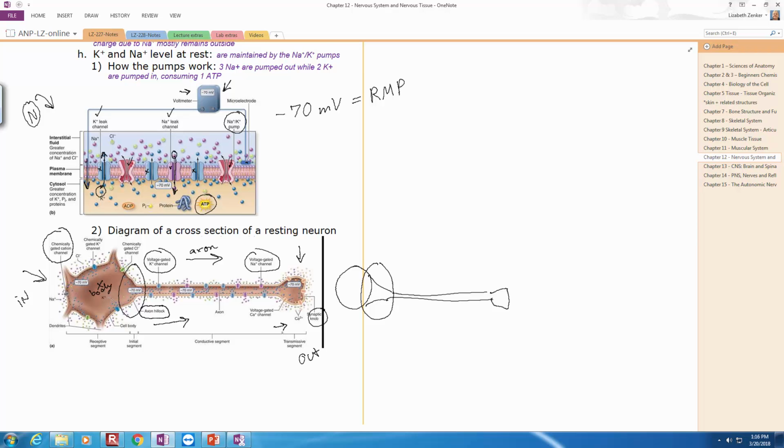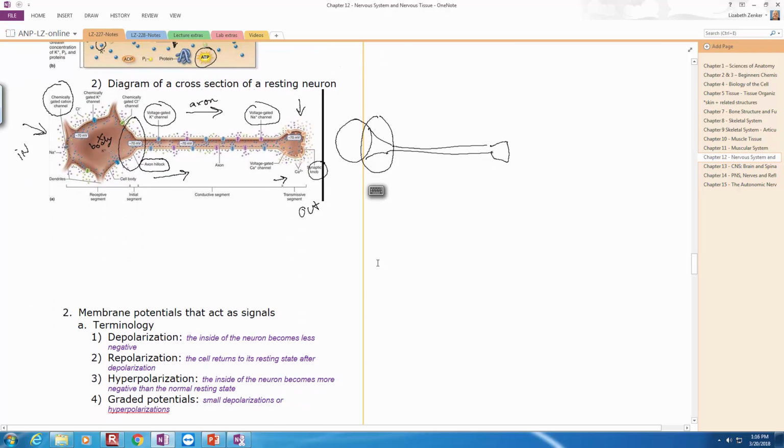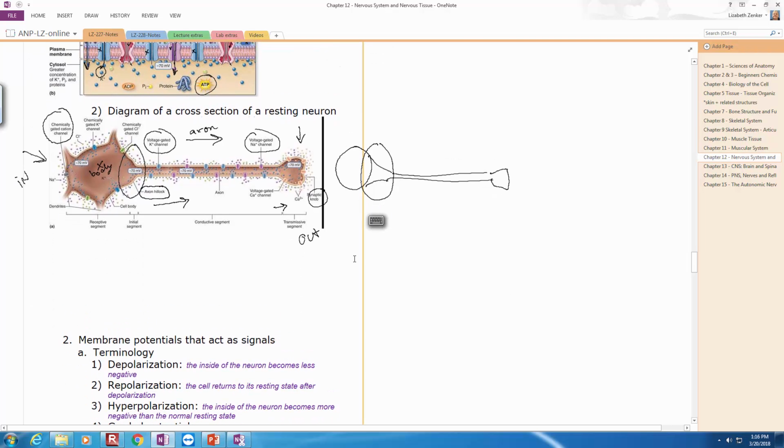Let's do a diagram of a cross-section of a resting neuron. We're just going to draw the cell body part of it. If it's a resting neuron, we know that it has the negative proteins, so it's more negative on the inside of the cell.